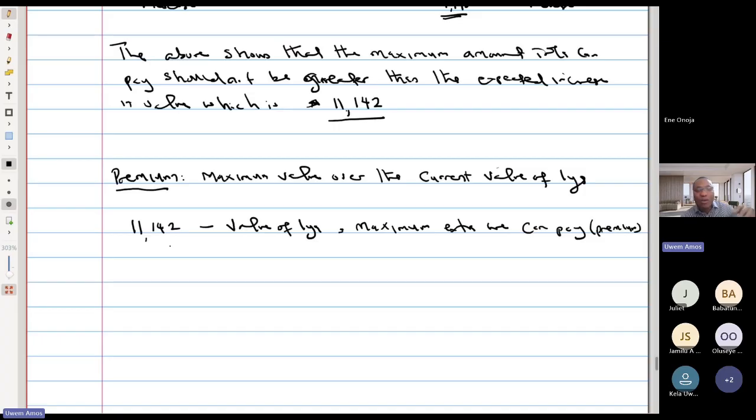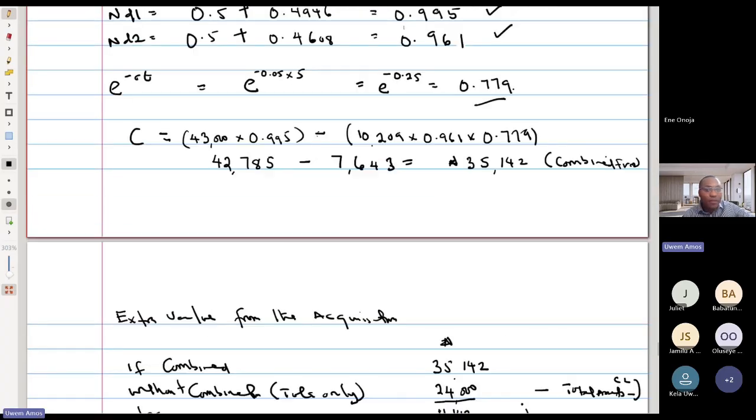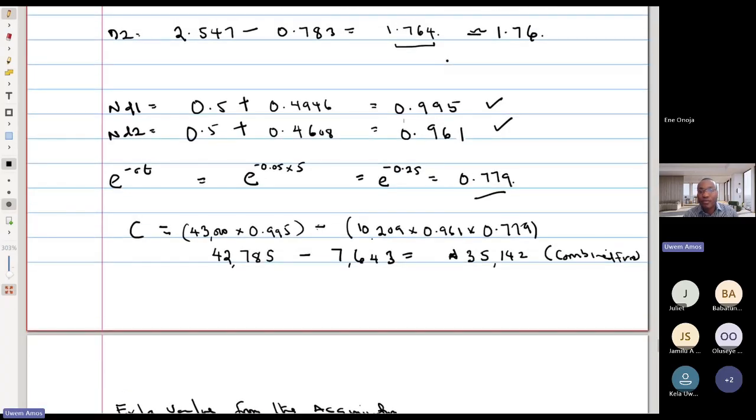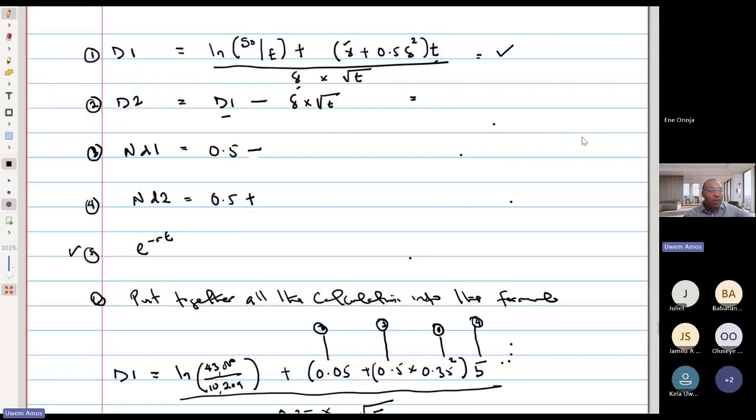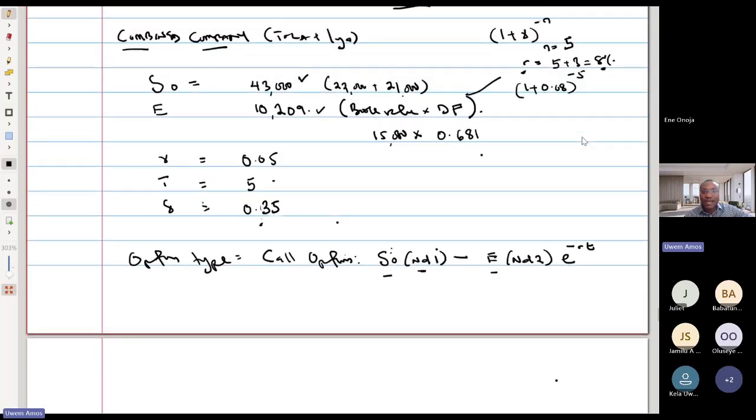So can we quickly calculate how much Iya is worth? Let's go right back to our question and see how much Iya is worth in the market.